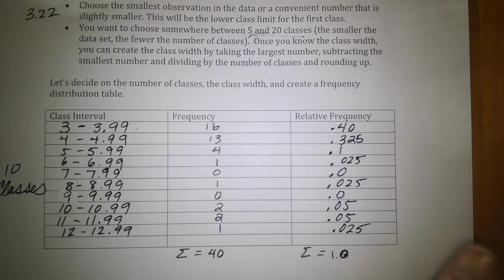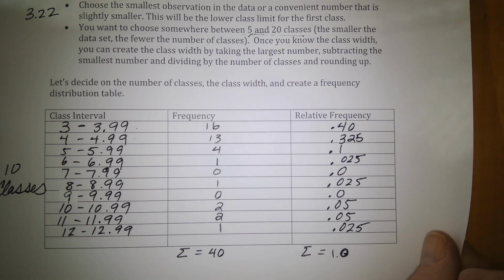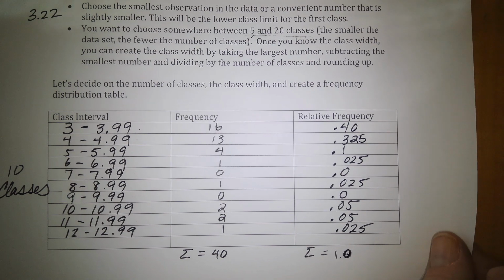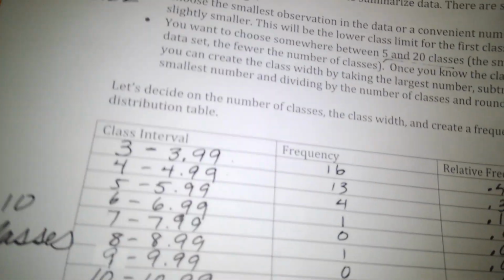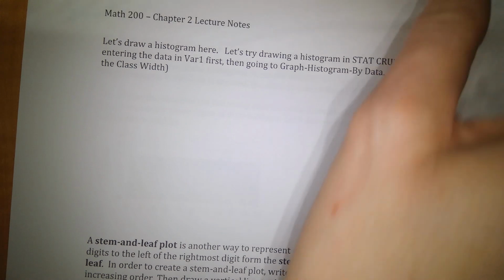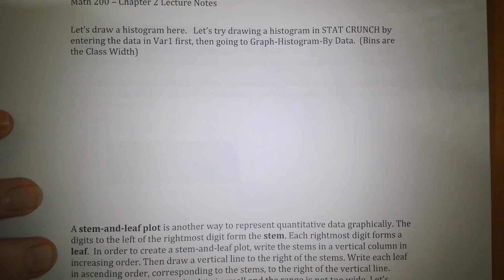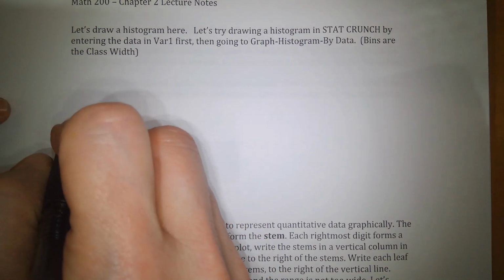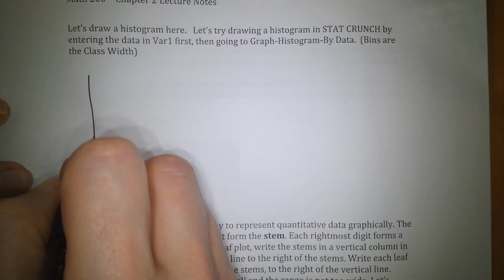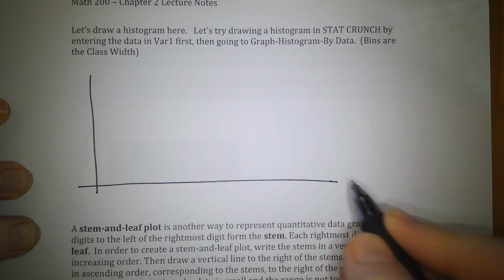So once we have this frequency distribution table, we're going to put that information into a histogram. So let's draw the histogram. A histogram has a vertical and a horizontal axis.